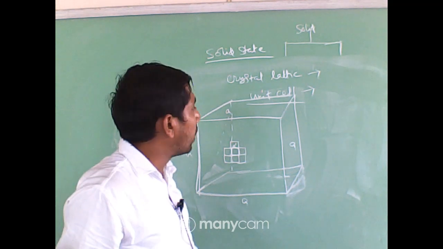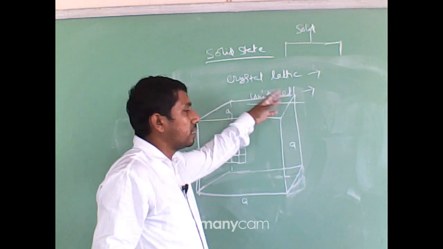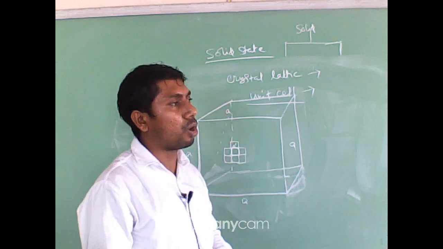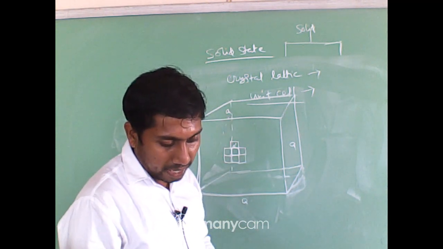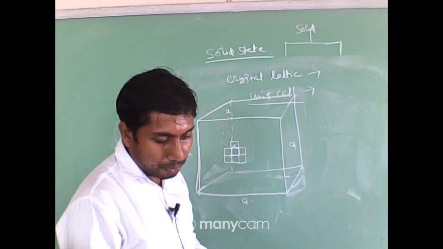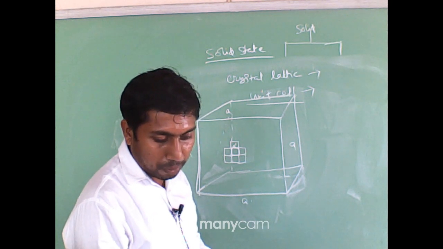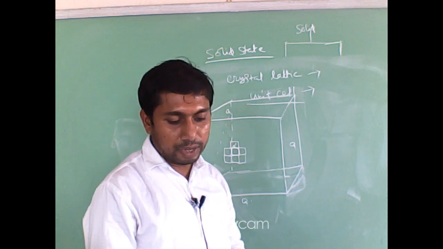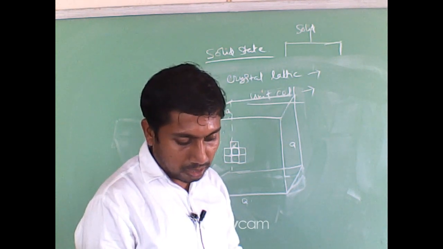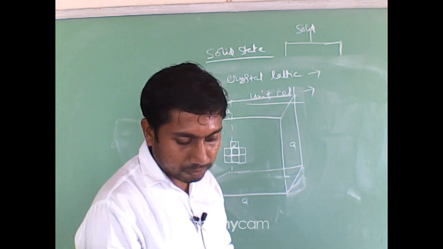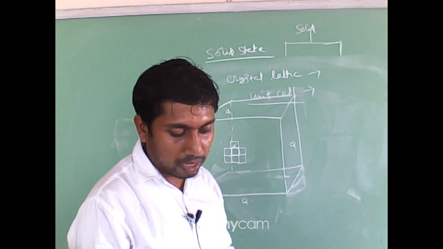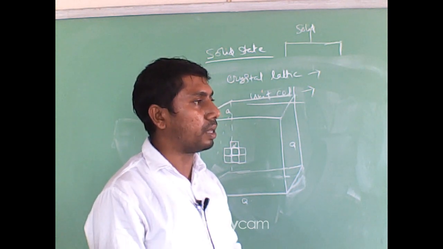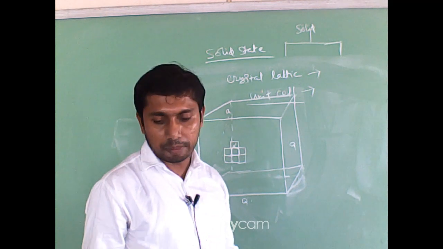So the arrangement of these points in 3 dimensions is called the crystal lattice, and a portion of the crystal lattice is shown in figure 1.5. Look at figure 1.5, the red area is the crystal lattice, because it is a representation of those points in 3 dimensions.